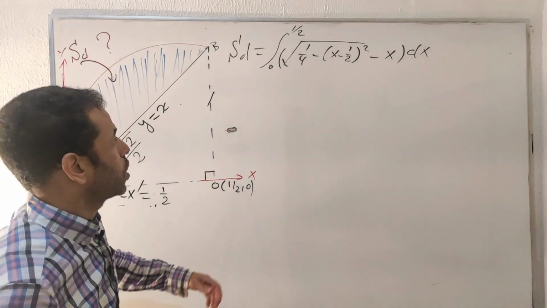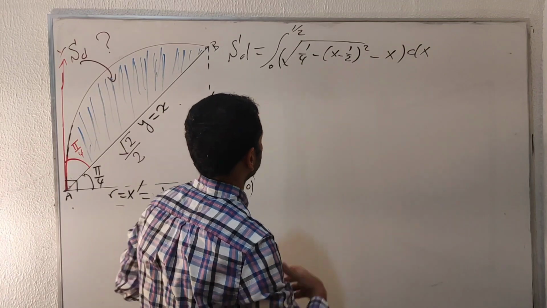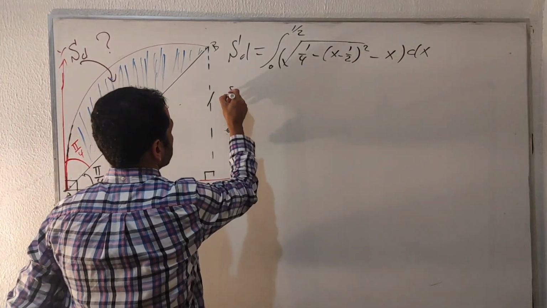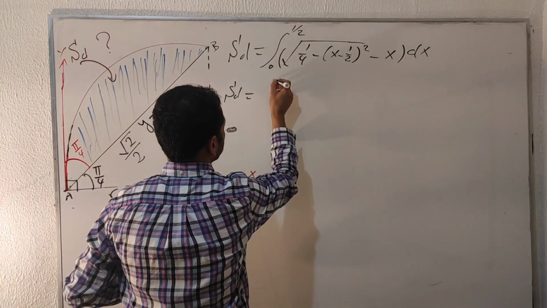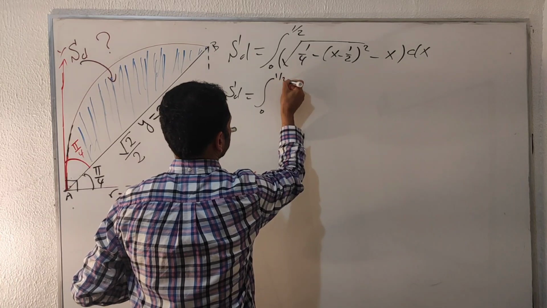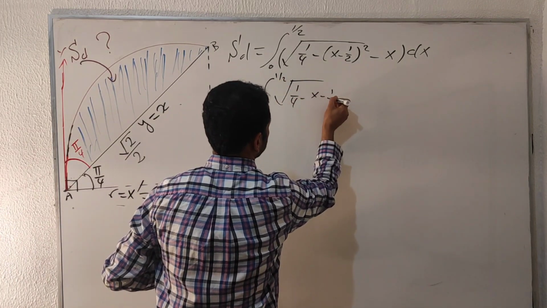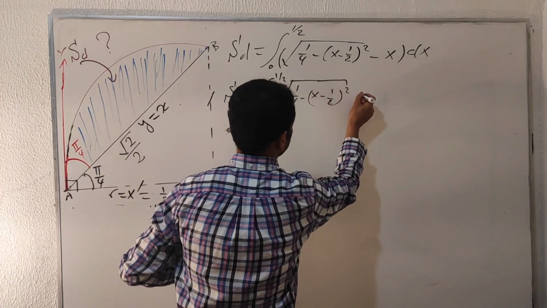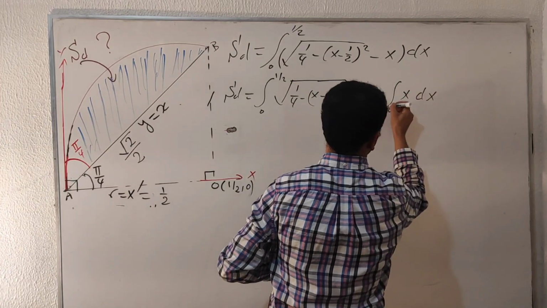Now we are ready to evaluate this integral, going through a substitution. First of all, I'm going to split this integral into two parts. I get D equals the integral from 0 to half of the square root of 1 over 4 minus x minus half, quantity squared, dx, minus the integral of x dx from 0 to half.